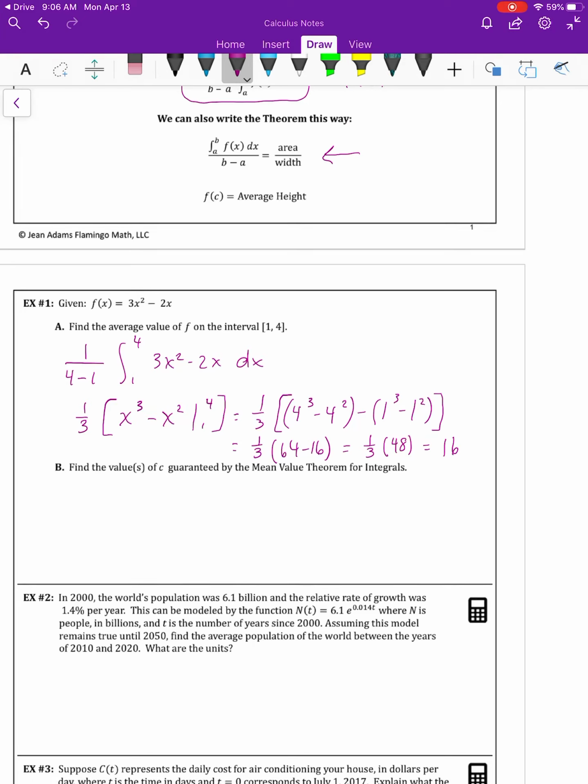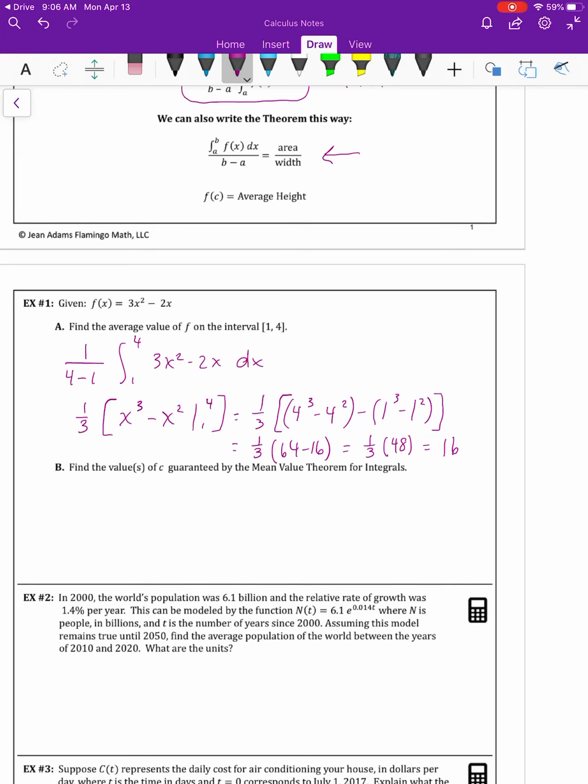and then you have to check, okay, you're talking about this interval from 1 to 4. And you're thinking, which one of these is actually in my interval? And you're going to throw out the one that isn't, okay? So this 8/3 is going to be your answer.